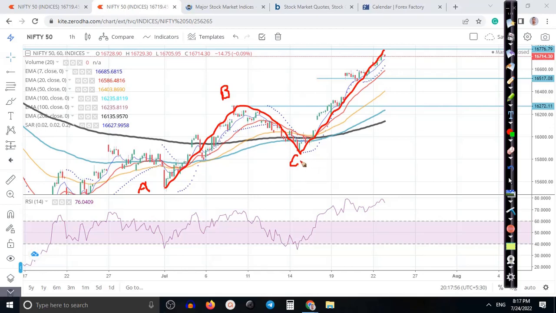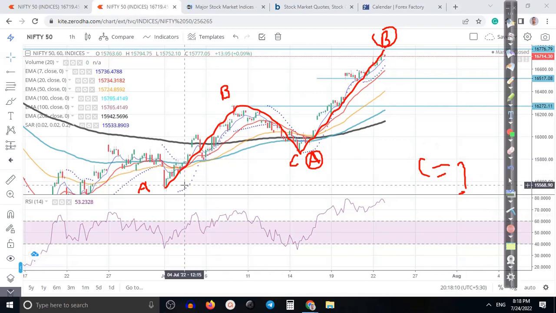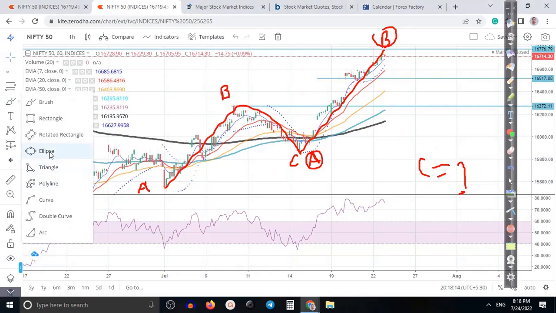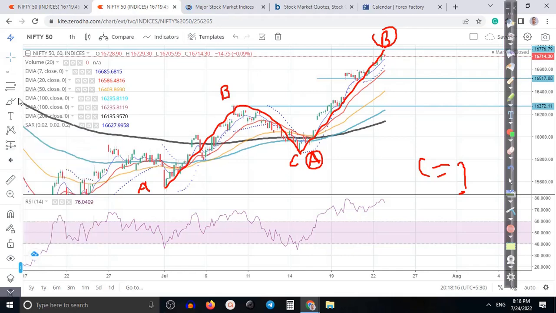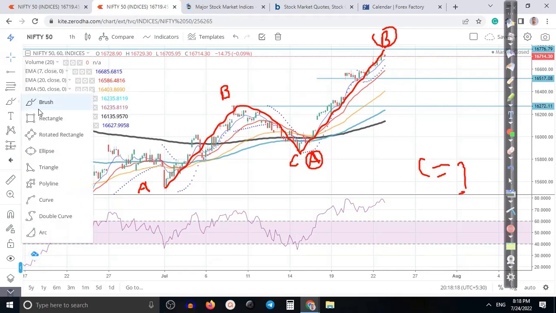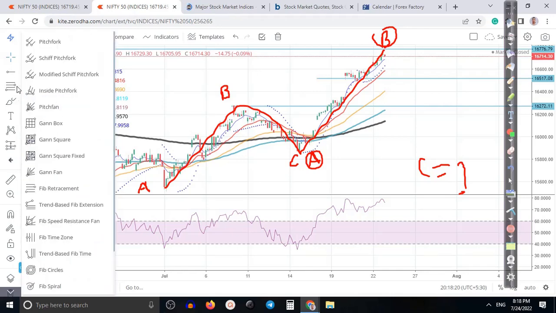Now you can see again this A point, and this is the B point. Now the question is, where is the C point? In that case we will use the Fibonacci retracement. Here is the Fibonacci retracement.